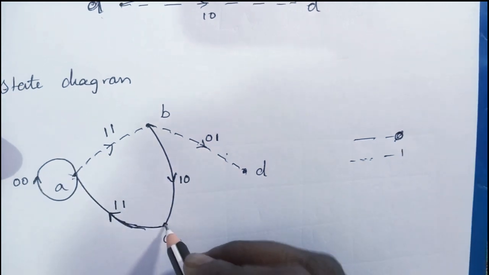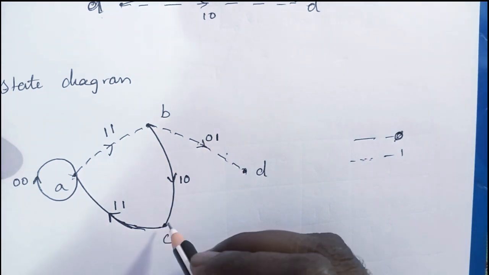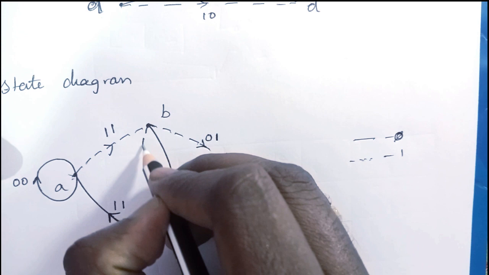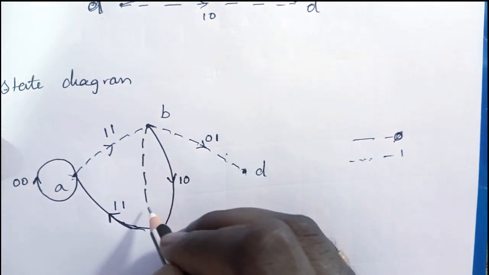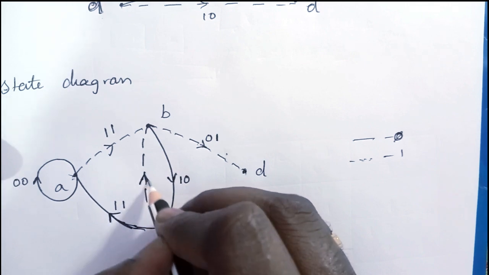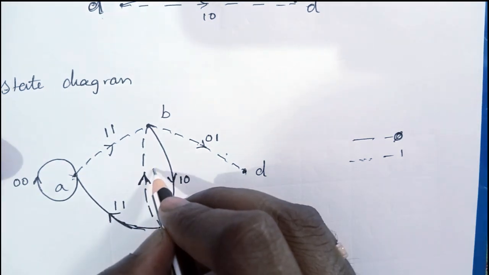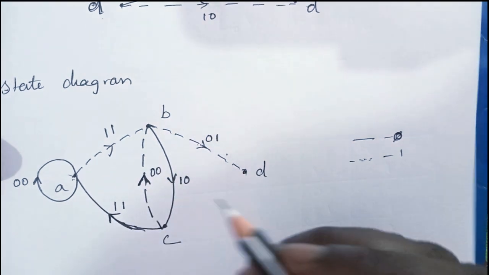If the input bit is 1, it's going to state B. 1 means dotted line, so the arrow mark should go this way, and the output is 0 0.